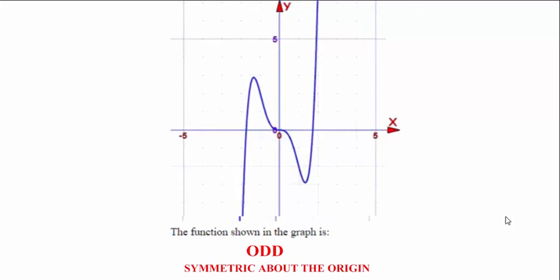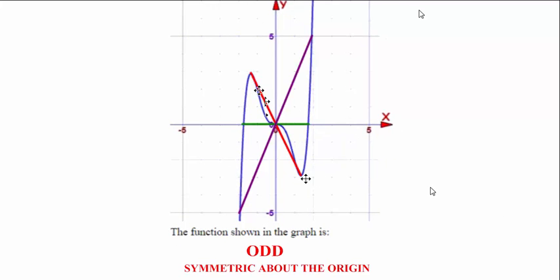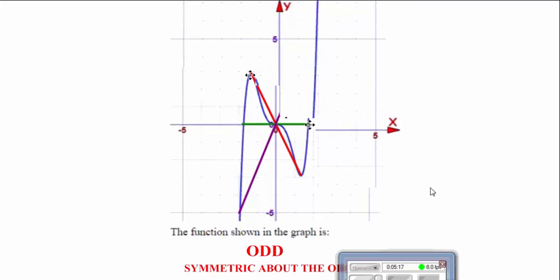So if I draw my segments in and I measure with my ruler, this piece and this piece are equidistant, so it could be an odd function. Again, it could be any point along the function as long as we're drawing it through the origin. If it's odd, we should get one equidistant on the other side. So here we've got an example of an odd function that's symmetric about the origin.